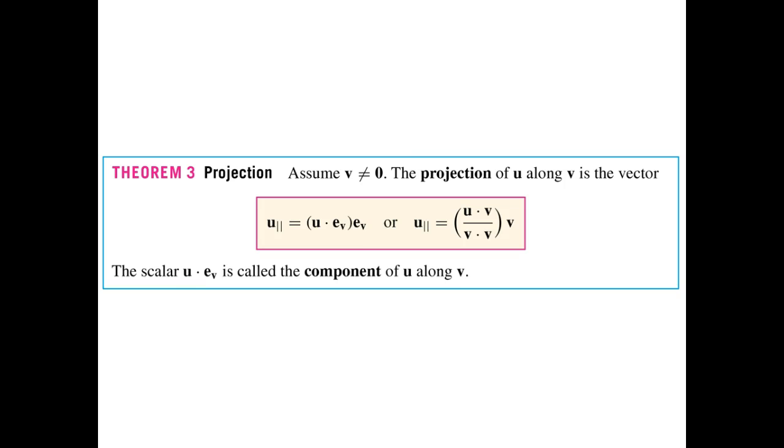So you take V, divide it by its magnitude squared. This all does work out well. Those are all representations of the same thing. The scalar U dot eV, this thing right here, is called the component of U along V, in the direction of V. In other words, how many multiples of that unit vector in the direction of V it is.